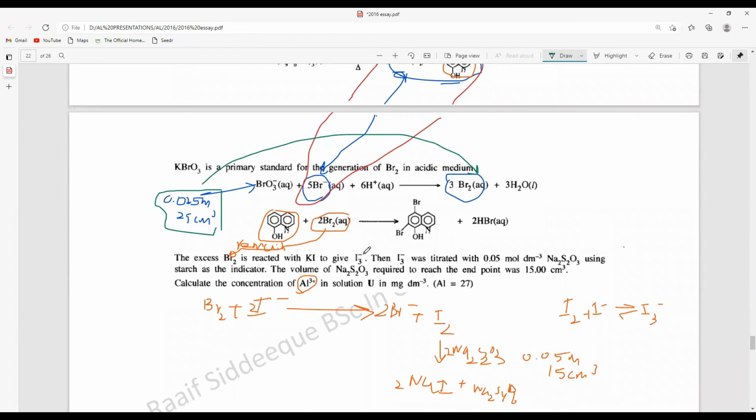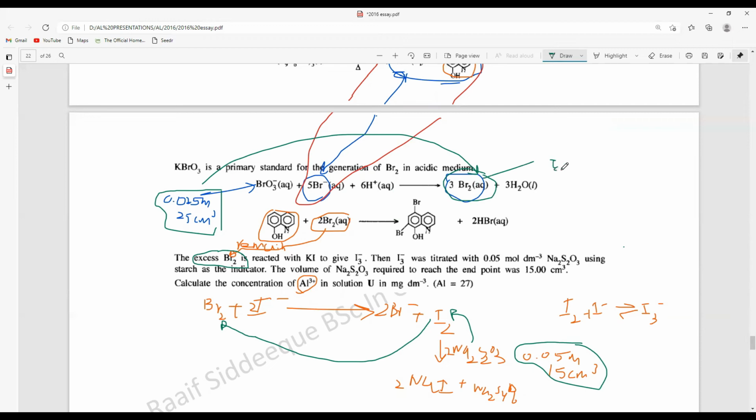And for the excess Br2 that is present, you can find the amount of sodium thiosulfate that is used here. Based on that, you can find the amount of I2 present in this solution, and if you know the amount of I2, you can find the excess Br2 that is present in this solution.